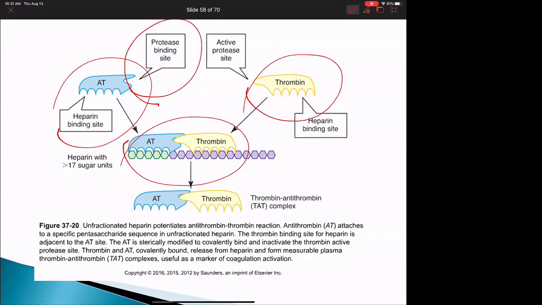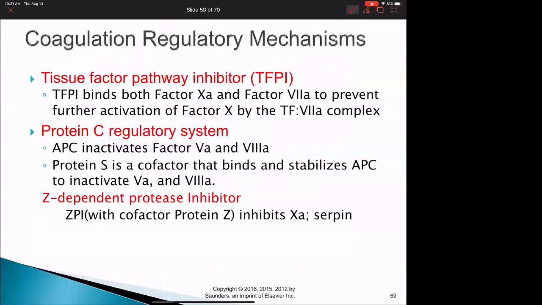So we just need to keep in mind that antithrombin is a regulatory protein, and we need that to neutralize thrombin, but it works more effectively when it's bound to heparin. Heparin is another anticoagulant.